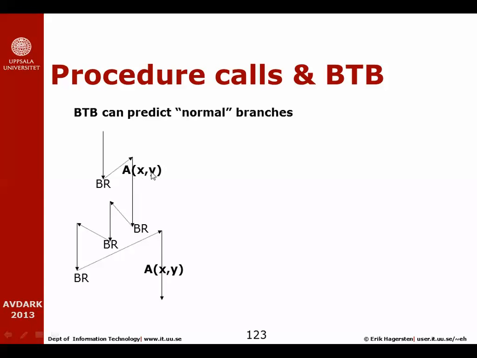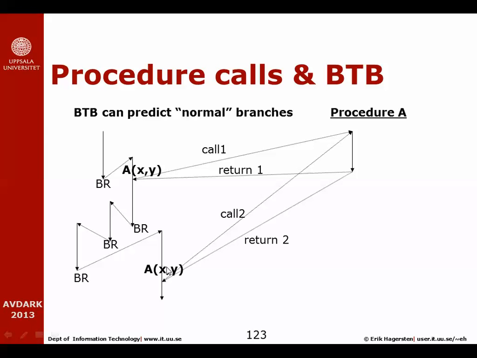So we call A, and of course, we're going to execute this procedure, we're going to return from the call, and we're going to continue executing. Same thing when we call that procedure the second time. Now the question is, how good of a job will the branch prediction and the branch target buffer be able to do on these calls and these returns?